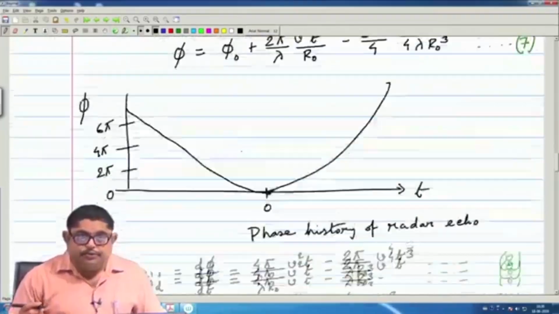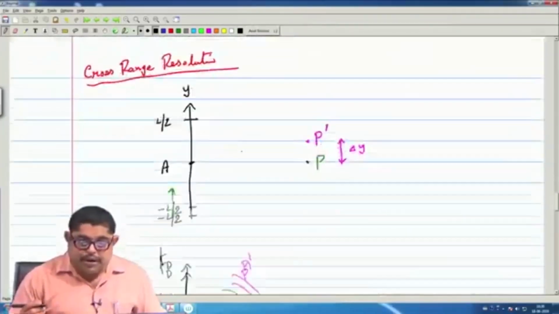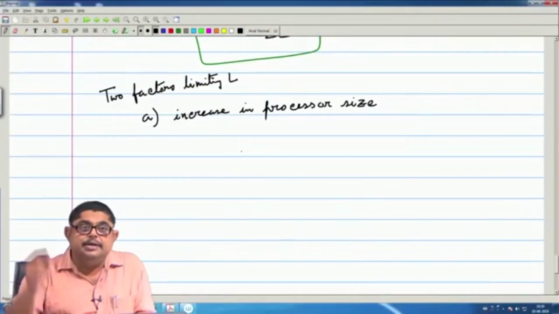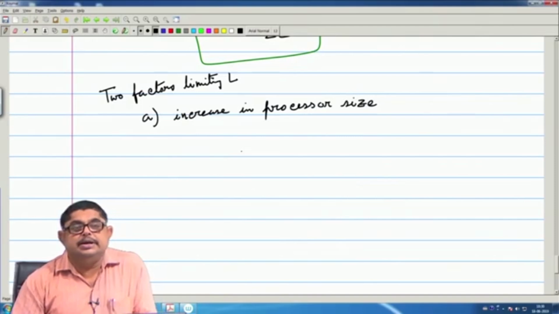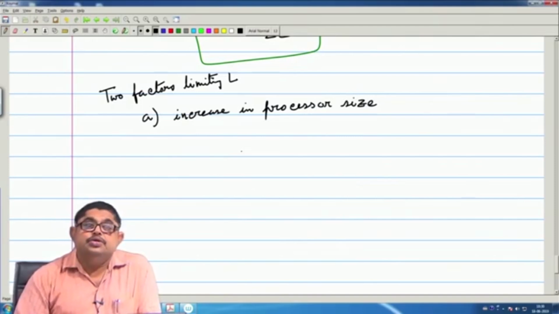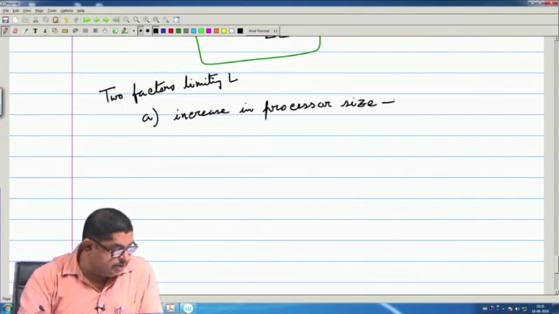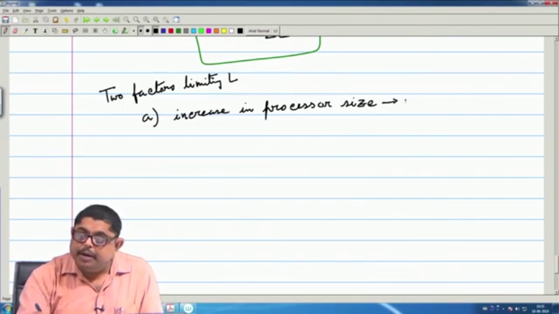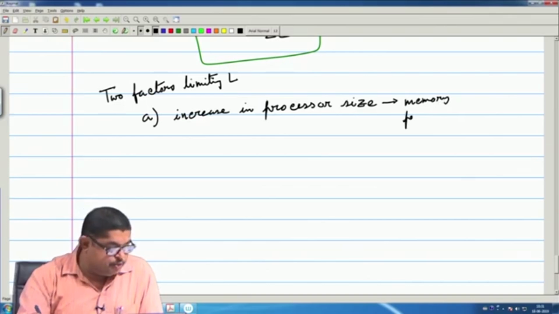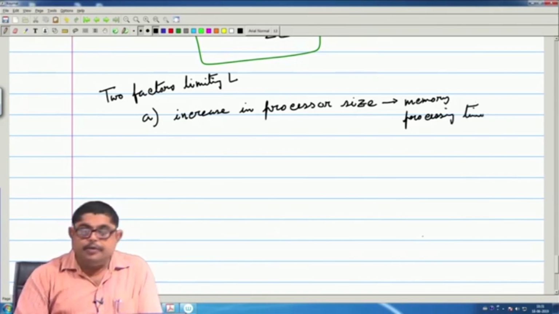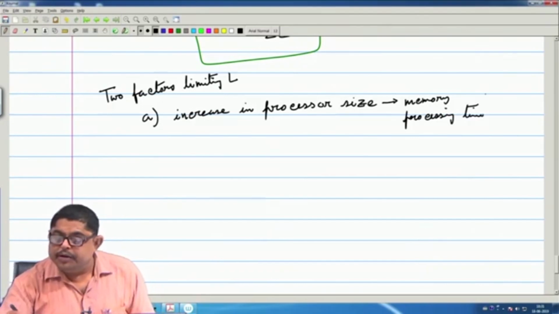Also, because these are generally satellite systems or aircraft systems, on board you will have to have that. So, increase in processor size means memory and processing time increases.